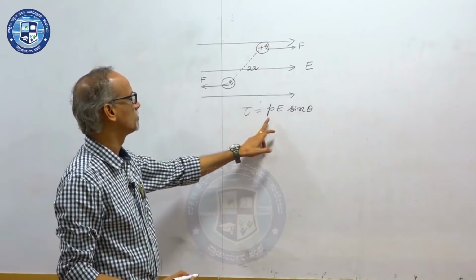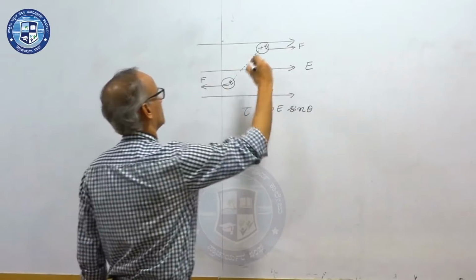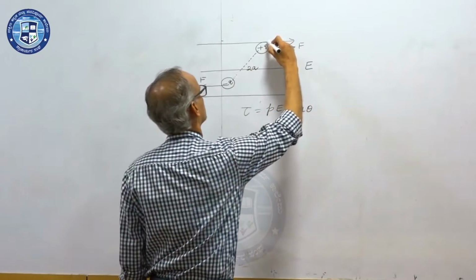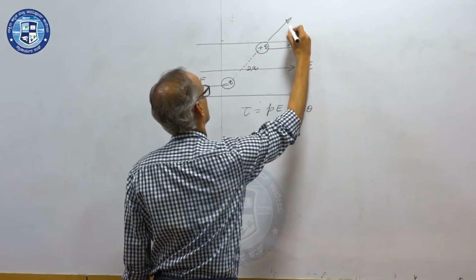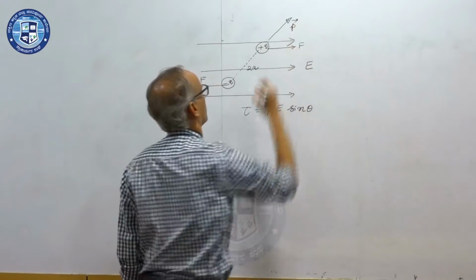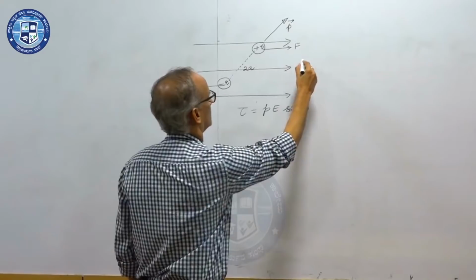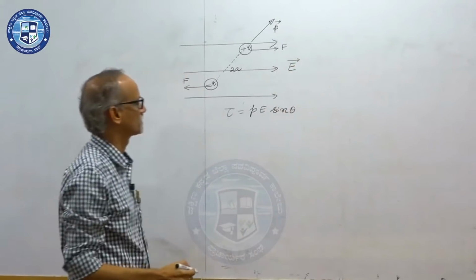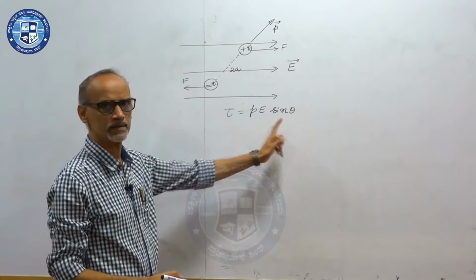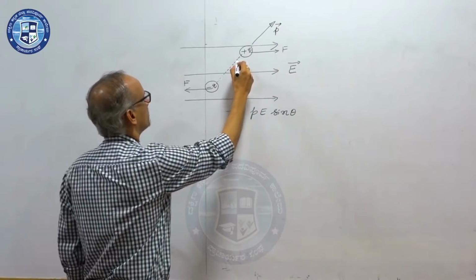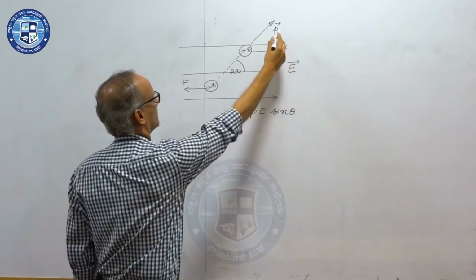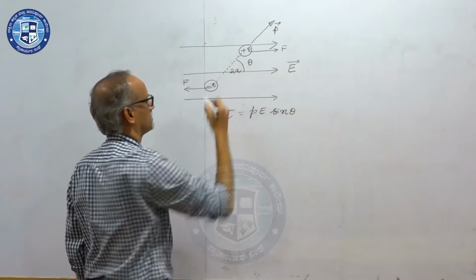It is the electric dipole moment. It is a vector quantity which is directed from negative to positive charge. So, this is the direction of the dipole moment. E is the electric field which is indicated as shown in the diagram. And what is the theta here? Theta represents the angle between the electric field vector and the dipole moment vector.